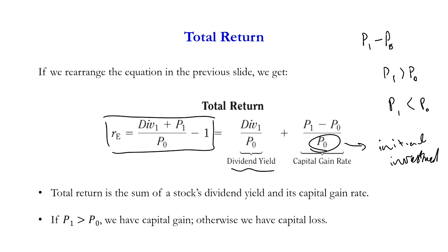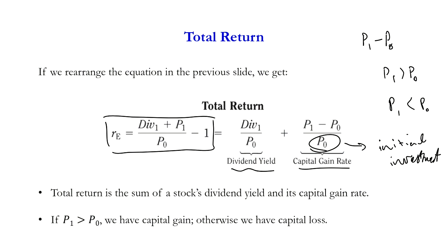the whole thing is called the capital gain rate. Again, if I divide P1 minus P0 by the initial investment, P0, that is called the capital gain rate.